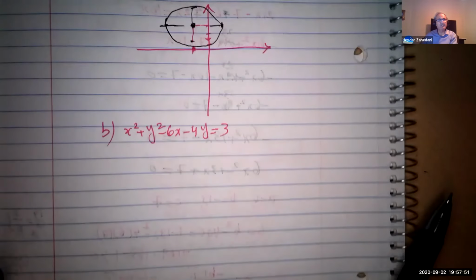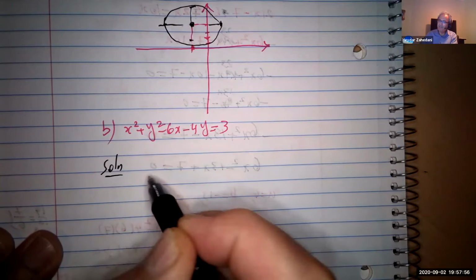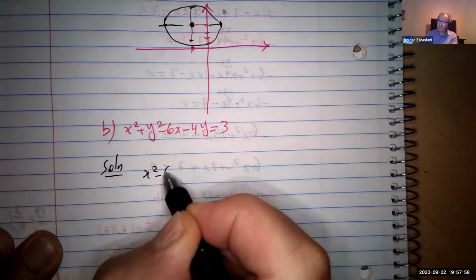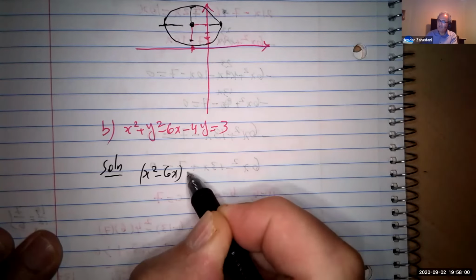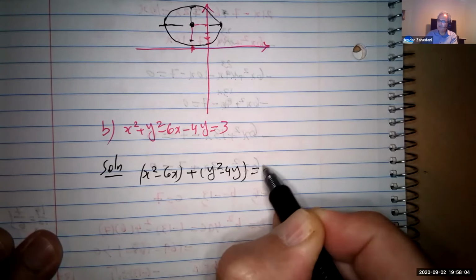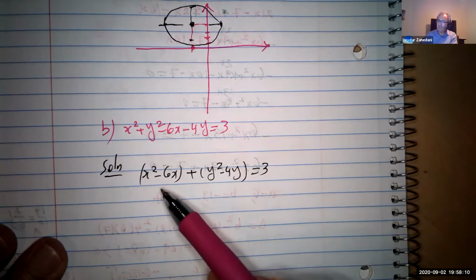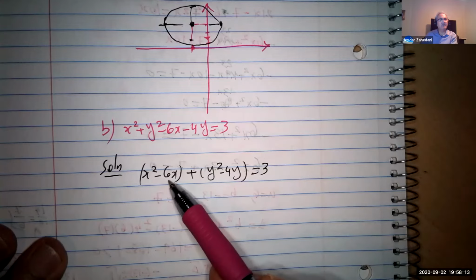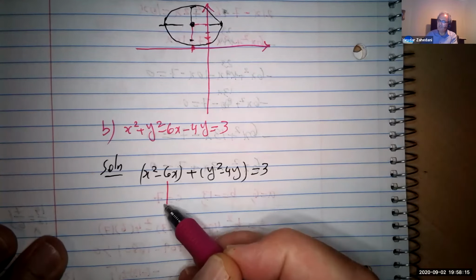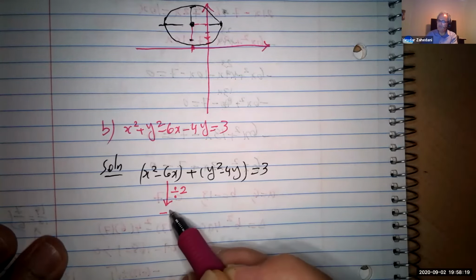The way we do it, remember, you put the x's together. We put the x² − 6x together, and then we put the y² − 4y together, equal to 3. The quickest way is, this is twice of what we are looking for, so we divide this one by 2. It's going to be −3.